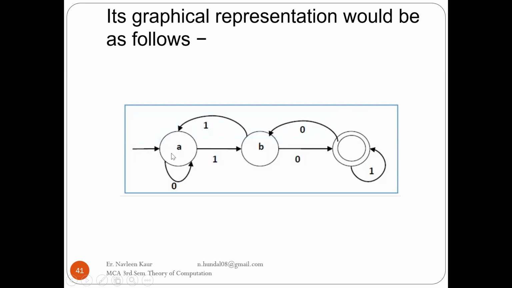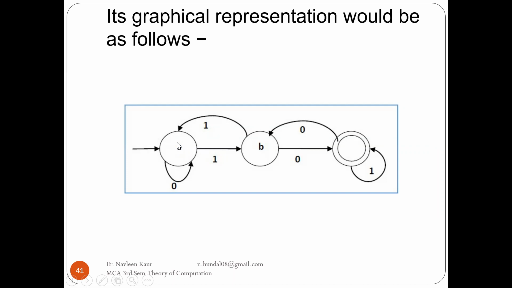Can you see, to all the states, the inputs are of the form 0 and 1. If A is getting input 0, it is taking you back to A. If A is getting input 1, it is taking you to B. So A is covered.